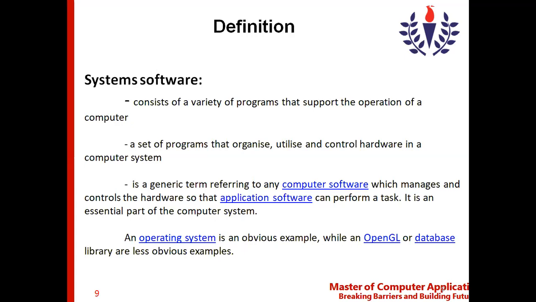There are plenty of definitions, but we can say it is software which controls the hardware so that the application software can perform its task without any hurdle and be executed. For that purpose, we use system software. The operating system is one example of system software, and apart from it there are plenty of others.